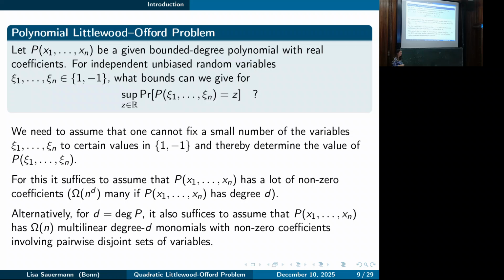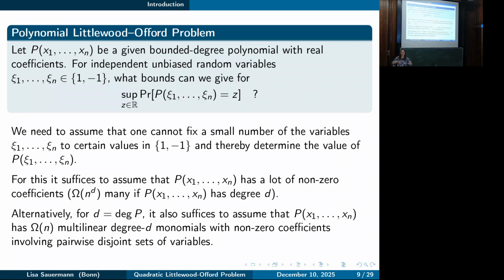This sounds more complicated, but what it says is just that you have various multilinear degree d terms, each appearing with non-zero coefficients, and the variables are disjoint. So you have groups of d variables which occur together, their product with a non-zero coefficient, and you have linearly many in n disjoint such sets of d variables each. This condition implies the previous one, but that one is strictly weaker. And that condition also suffices for that type of thing.